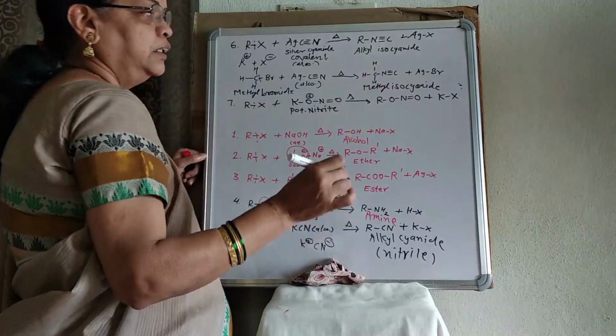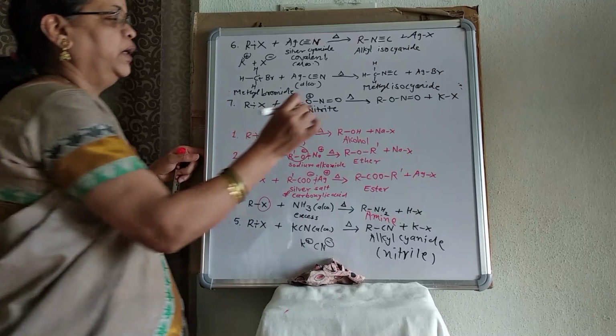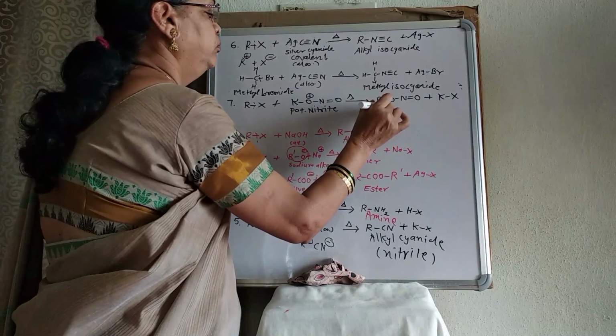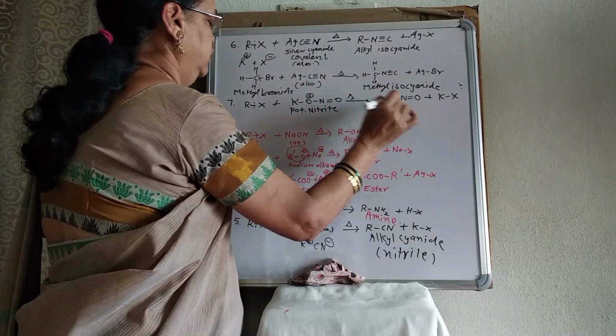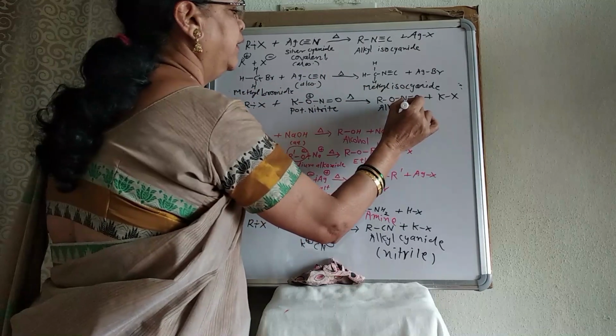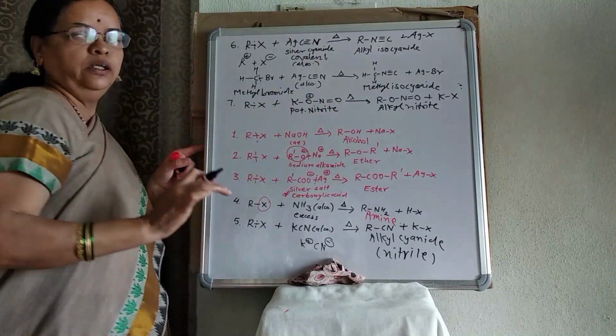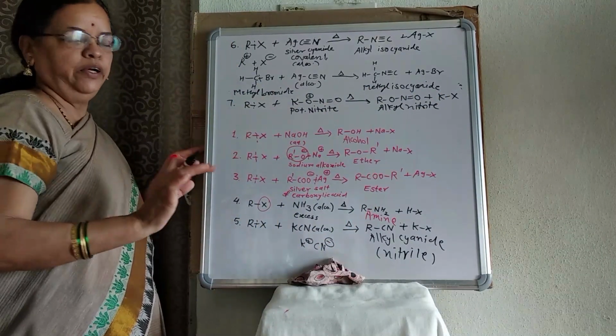So like this alkyl nitrite is formed from RX. Alkyl halide is converted into alkyl nitrite. AgNO2 will also react the same way.